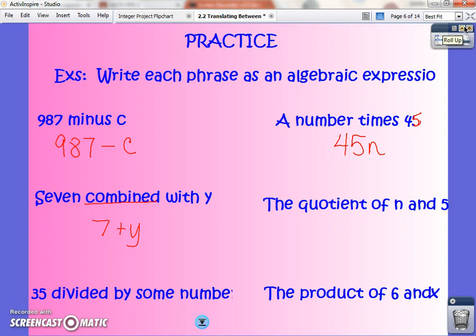The quotient means that we are dividing, n and 5. It's really important for this one that you understand the order: n goes on top and 5 goes on the bottom. 35 divided by some number. Notice I'm not using division signs. And the product of 6 and x, mush multiplication, 6x.